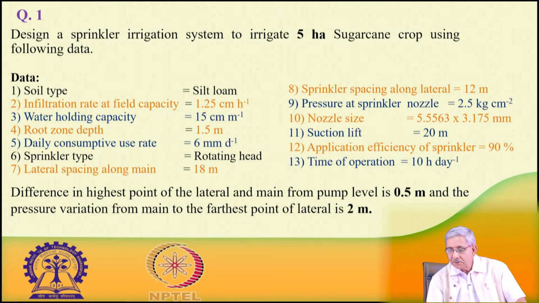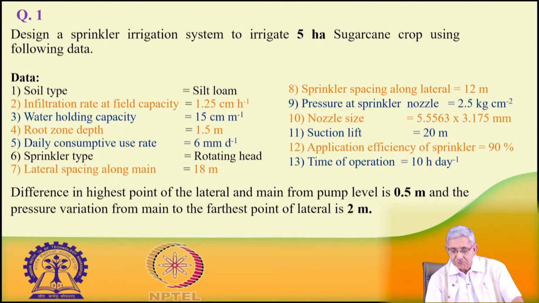Then the pump is able to deliver pressure of 2.5 kg per square centimeter. This is the operating pressure required for the sprinkler to operate, that is 2.5 kg per square centimeter. There are two nozzles, it is a twin nozzle system. One nozzle, the range nozzle, has a size of 5.5563 millimeter, and the spreader nozzle is 3.175 millimeter.